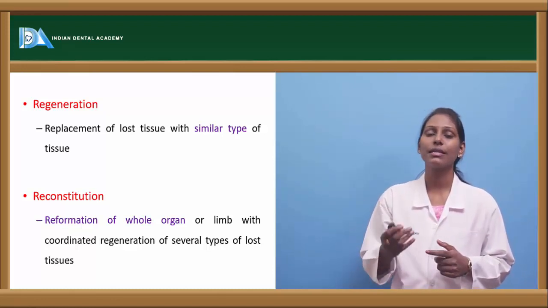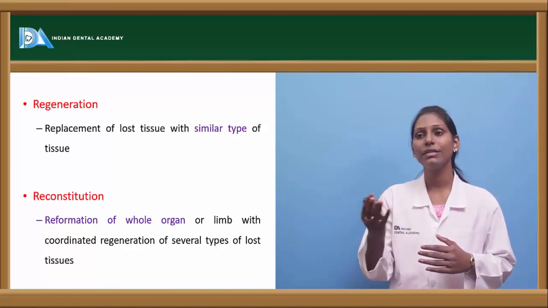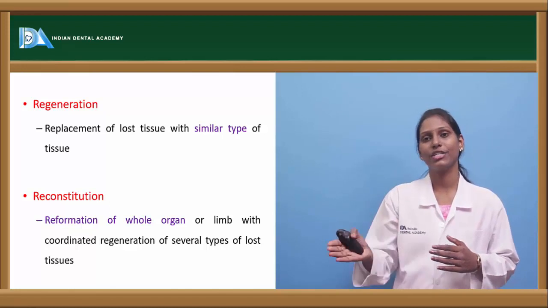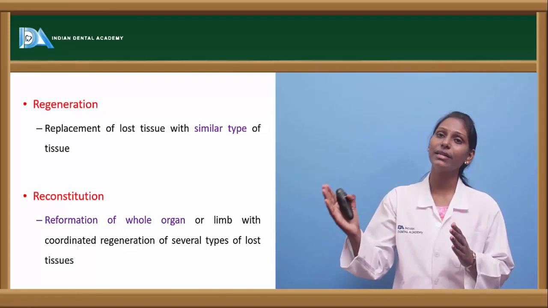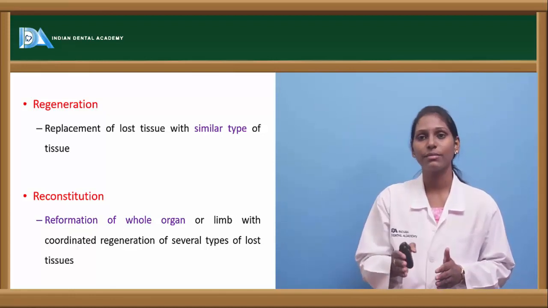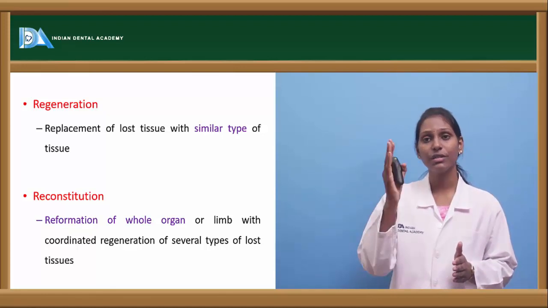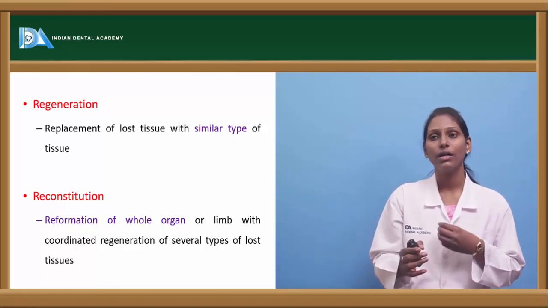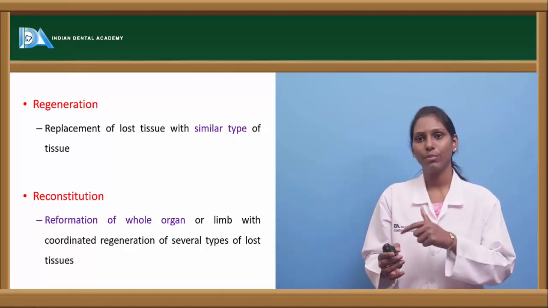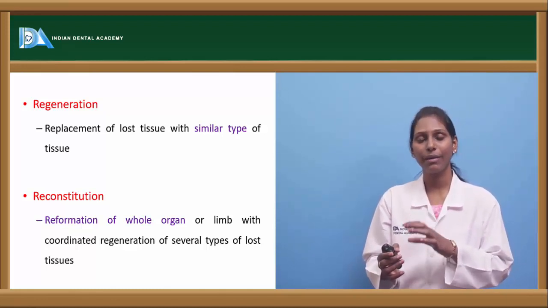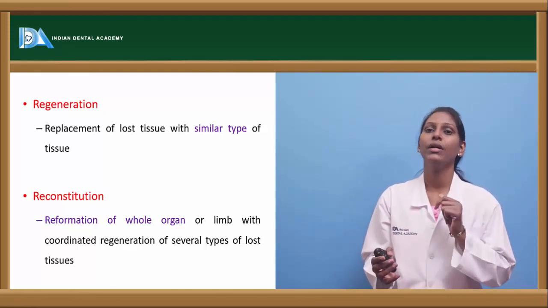Reconstitution is reformation of a whole organ of the body with the help of coordinated regeneration. Here there will be a coordinated regeneration of several types of lost tissue. So regeneration is when the lost tissue is replaced by similar tissue, with the help of specialized cells adjacent to the wound.